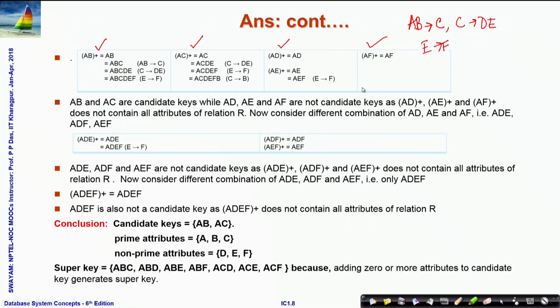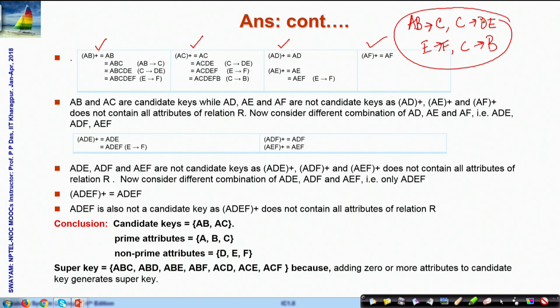So, A B determines C, C determines D, E determines F, and C determines B. These are my 4 functional dependencies.